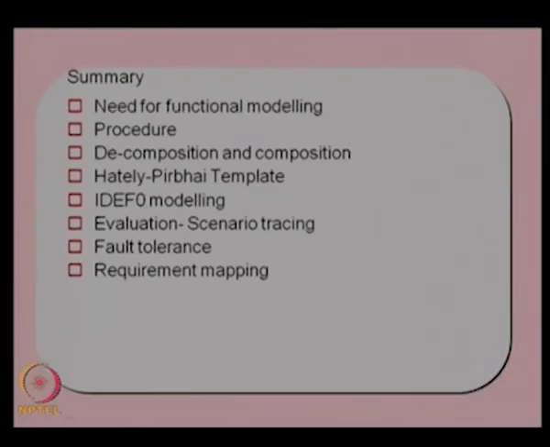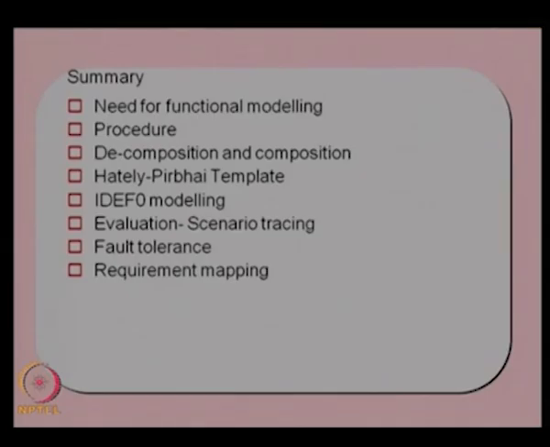So, to summarize whatever we discussed in the last 3 lectures, we started with the need for functional modeling. We mentioned in the previous lectures how we identify the requirements, and once we identify the requirements, the next logical step is to convert these requirements into a functional structure, that is, to identify the required functions which will satisfy these requirements.